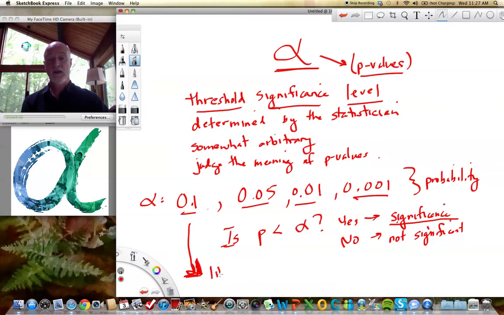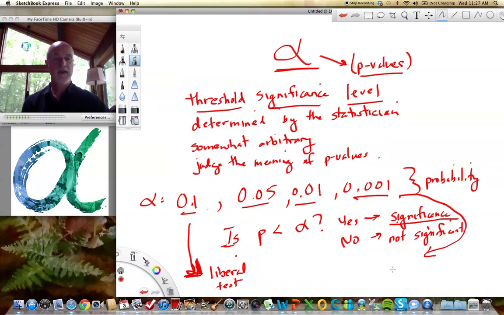This is called a liberal test. It's not politically liberal or anything like that. It just means that we are allowing quite a wide range of p-values to be statistically significant. So we're liberal in that sense. We're tolerant of quite a wide range of p-values.